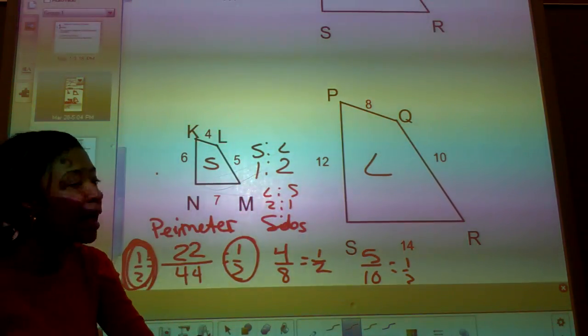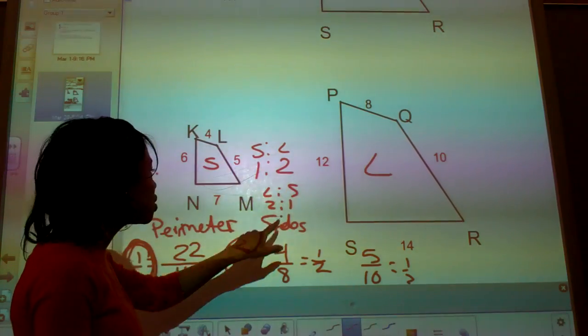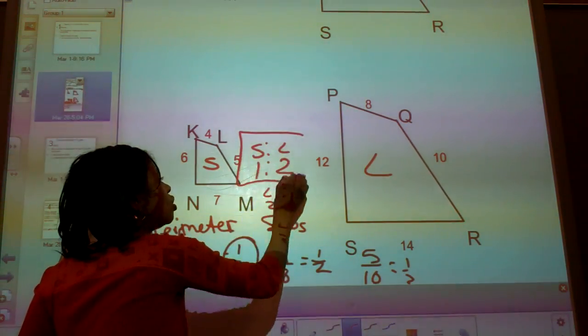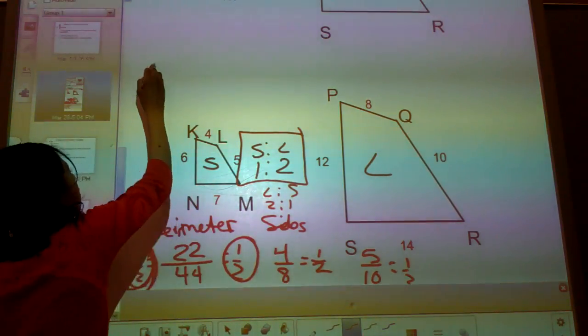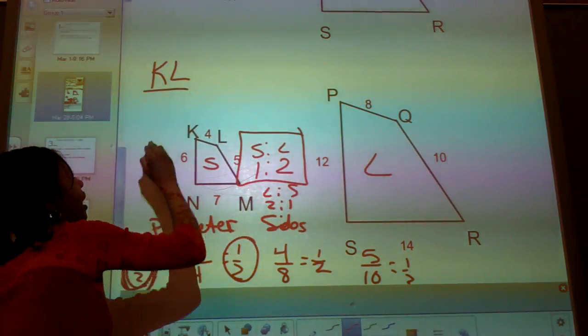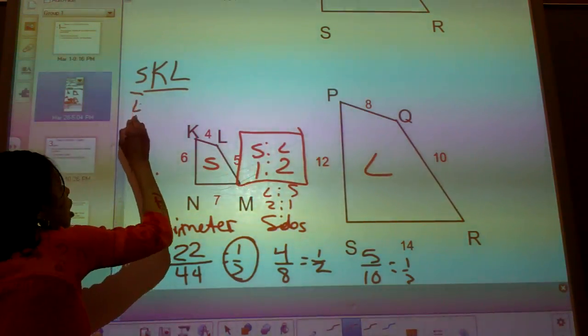I can pick sides. The sides must still follow this same ratio of 1 to 2. What do I mean? Let's say I compare side KL, doing small to large.